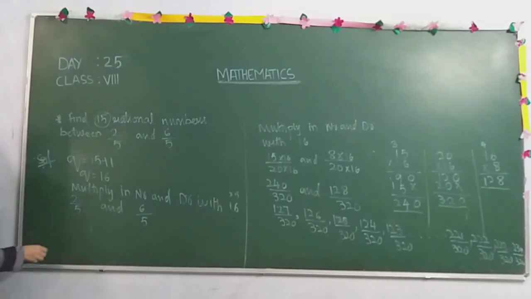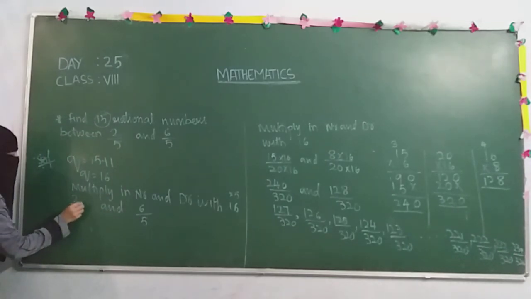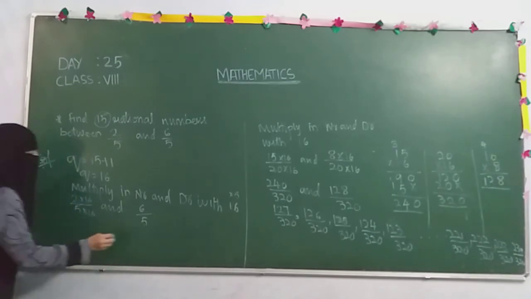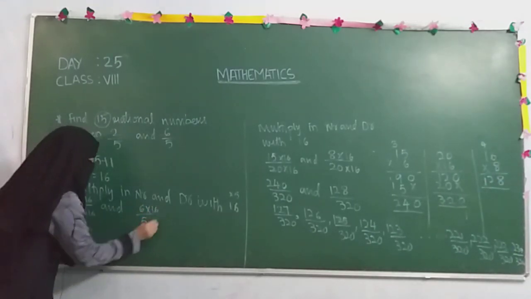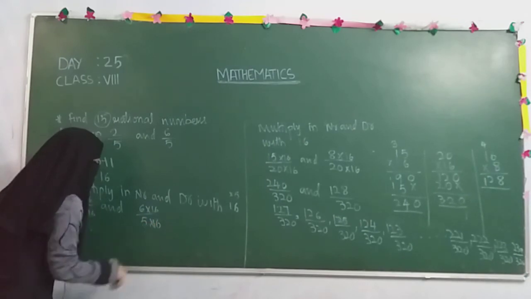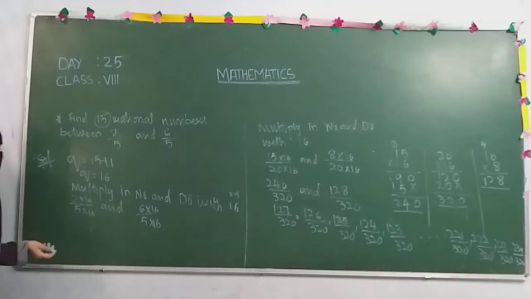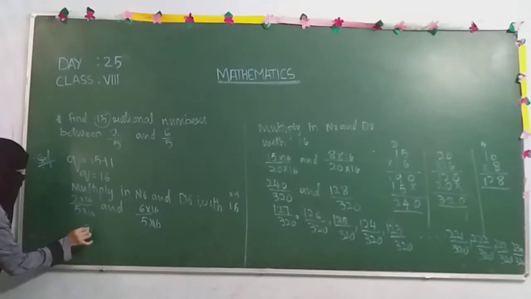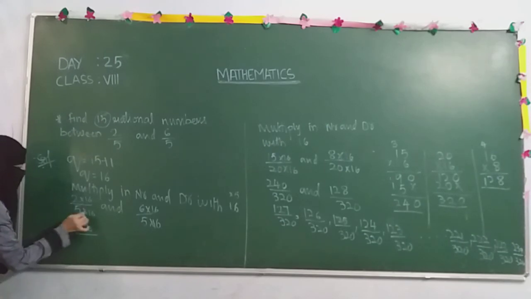To these numbers we need to multiply the numerator and denominator with 16: 2 into 16, 5 times 16, then 6 into 16, 5 times 16. Now in the rough column you can multiply if you want, or directly. 2 times 16 is 32, 5 times 16 is 80.